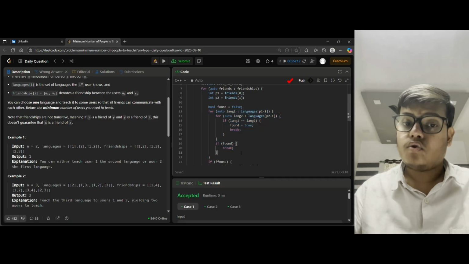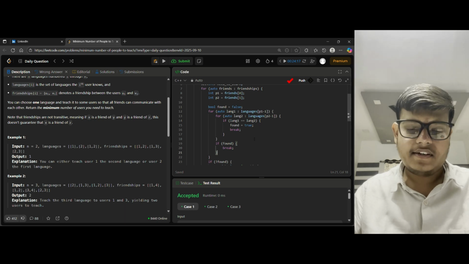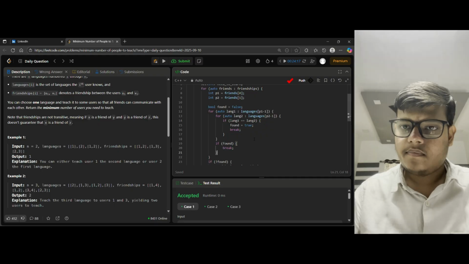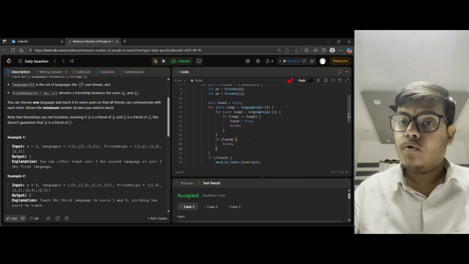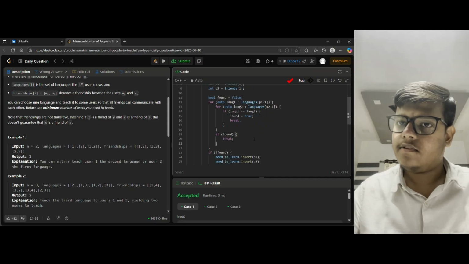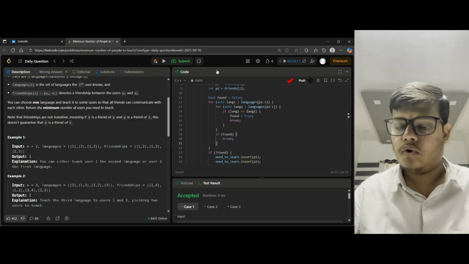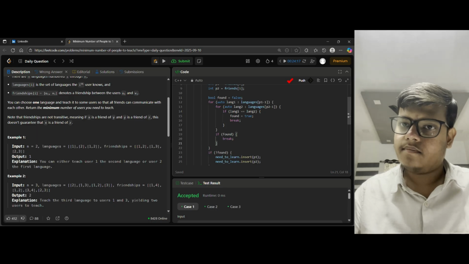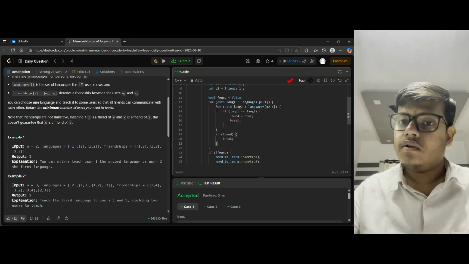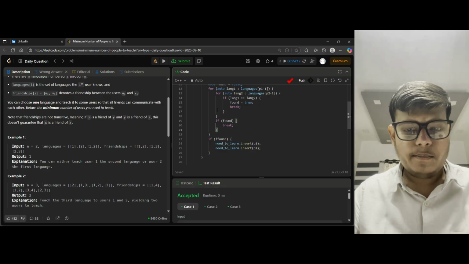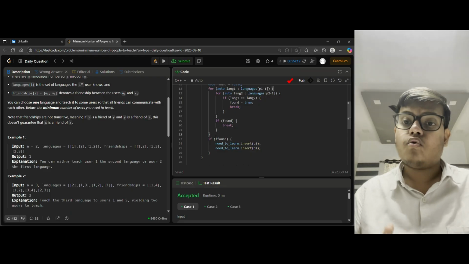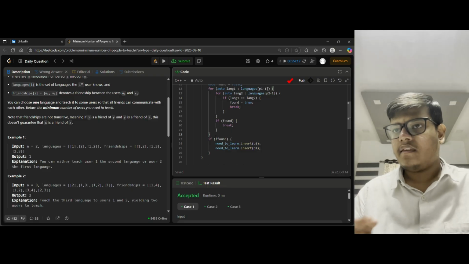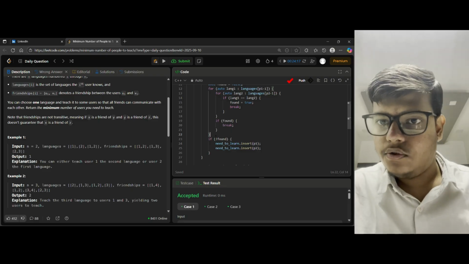If found is true, which means they share a common language. If they don't have any common language, this flag will stay false after completing this loop, right? And if they don't share any mutual language, we have to teach them a language. This is one part of the solution.